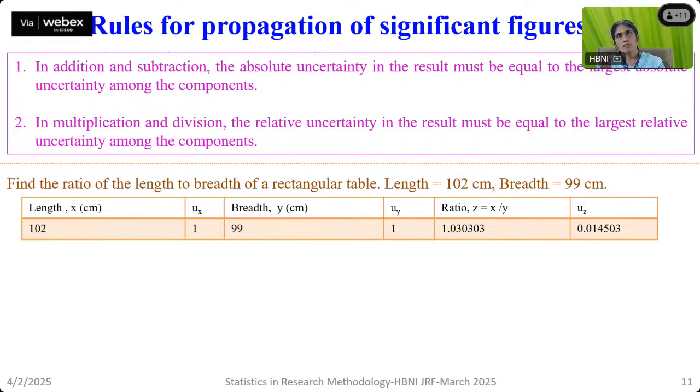That means 99 equals 102, which is wrong mathematically. So be cautious while doing multiplication and division.